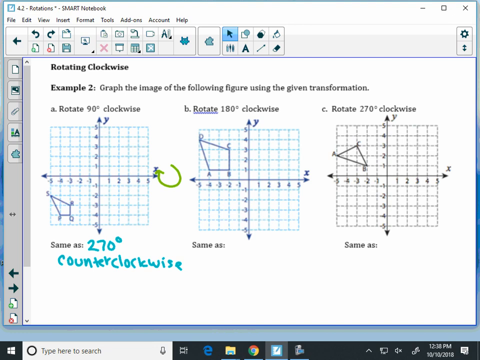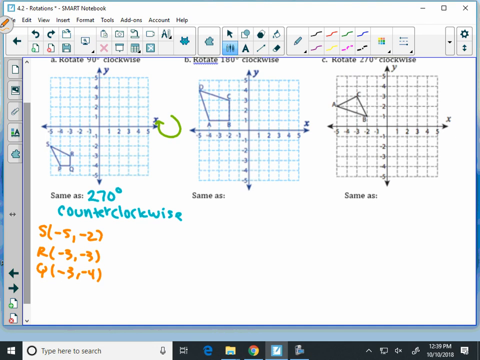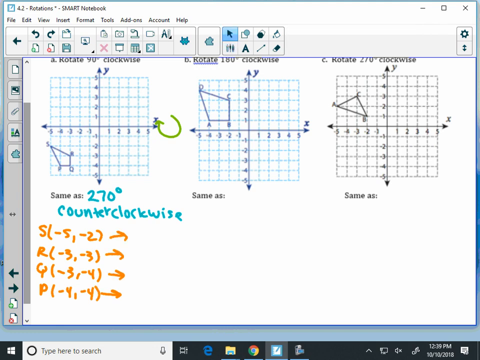So, go ahead, we're going to write down all these points. And then we're going to do a 270 counterclockwise.